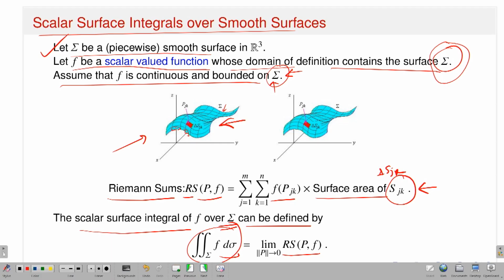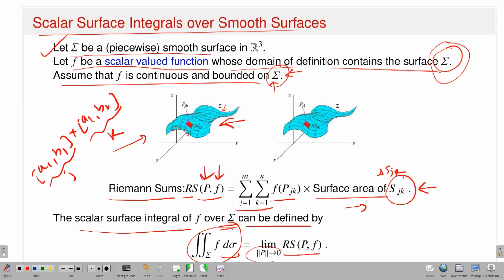Because in R2 you have two variables, you take a partition of one interval with the variable j and a partition of the other interval with the variable k, so you get a double summation, over j from 1 up to n and k from 1 up to n. This is a Riemann sum corresponding to the partition P and the function f. The next part remains: take finer partitions, in other words norm P goes to 0.